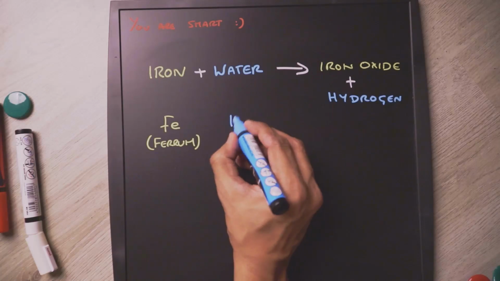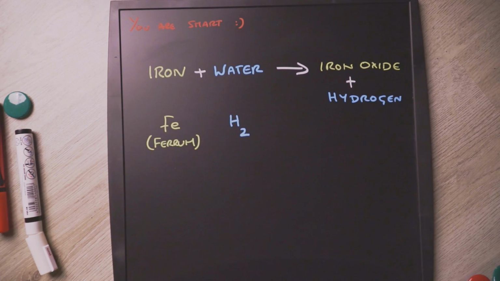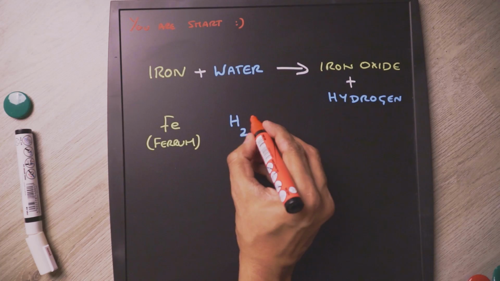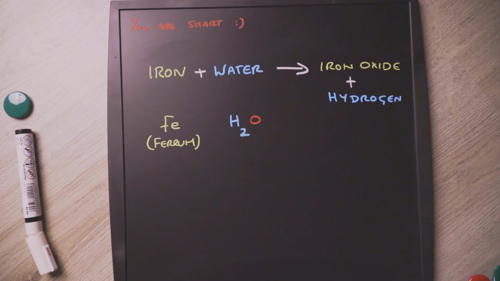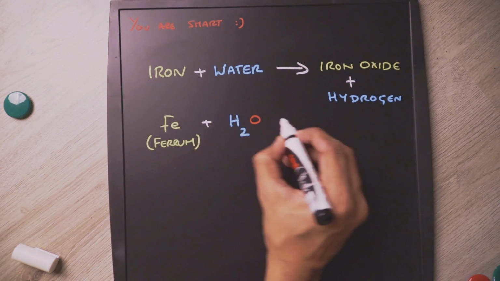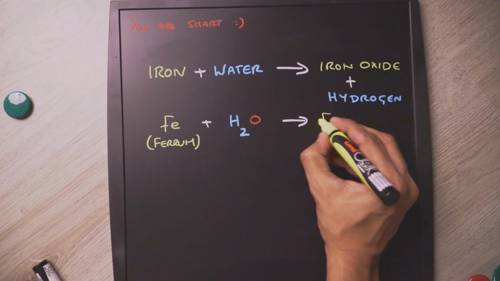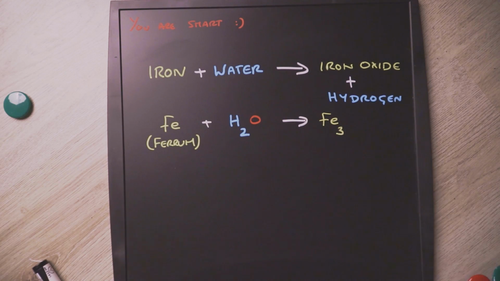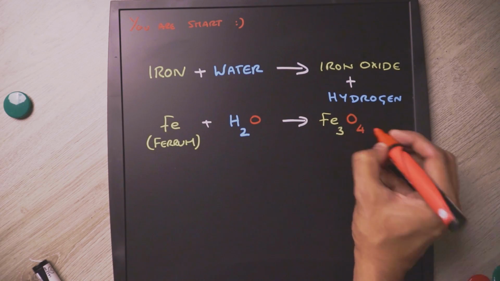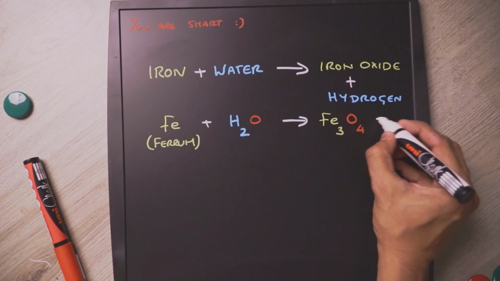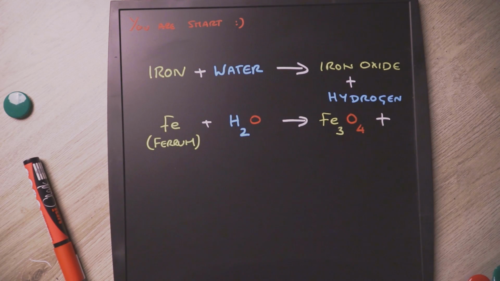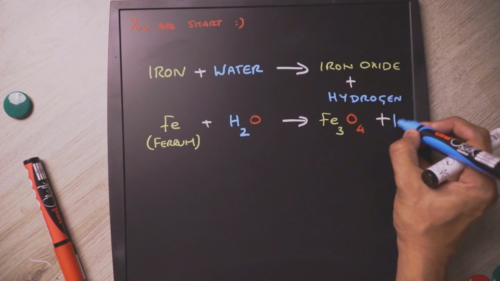Water is H2O. Now this reacts to create iron oxide. The formula for iron oxide is Fe3O4, and then you also have a single hydrogen molecule left from this.